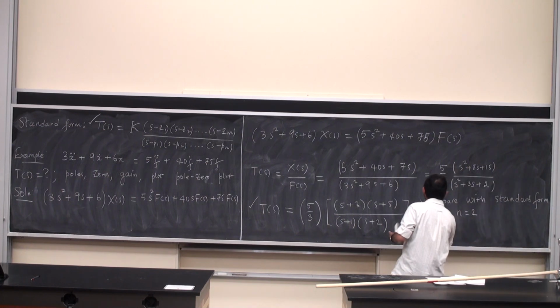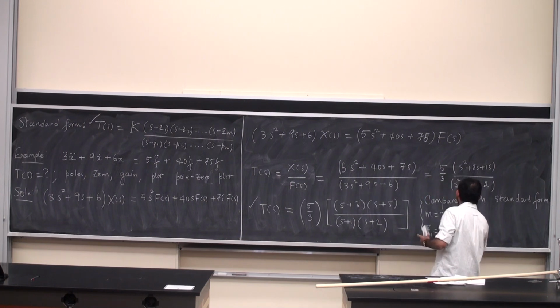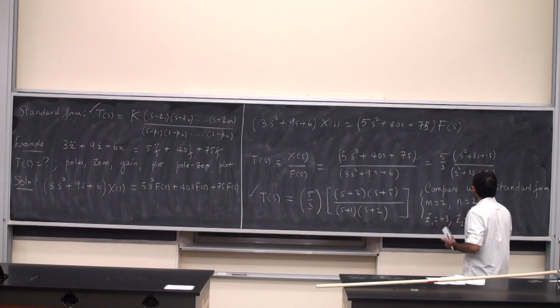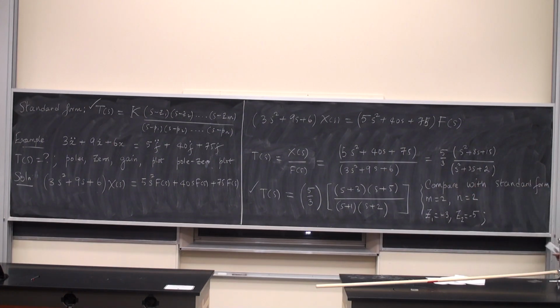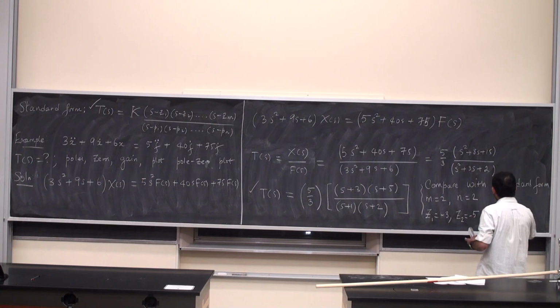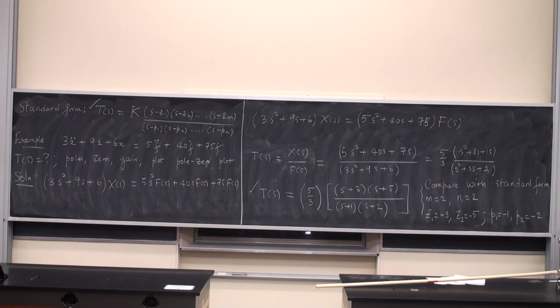Then the system zeros are minus 3, minus 5. The system poles, minus 1 and minus 2, real and distinct, negative real part. The system gain, capital K, is 5 by 3.